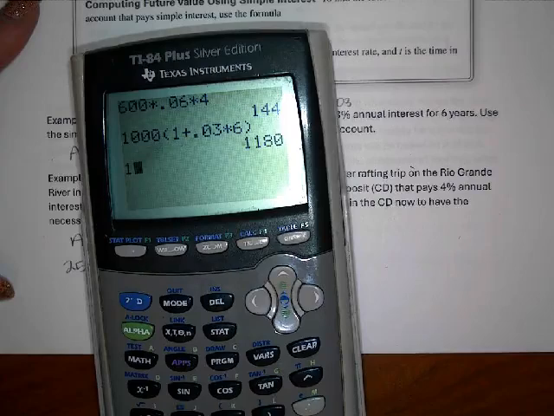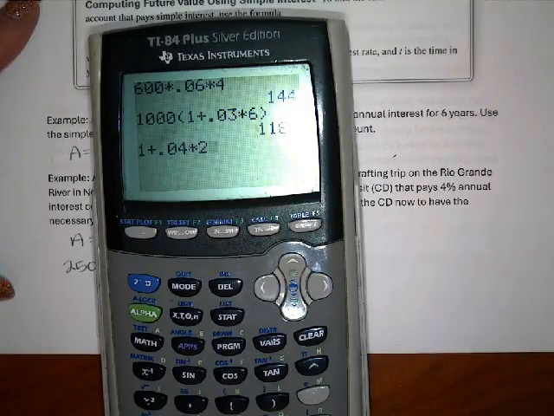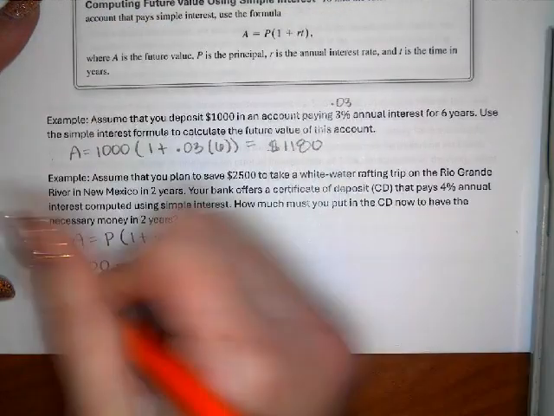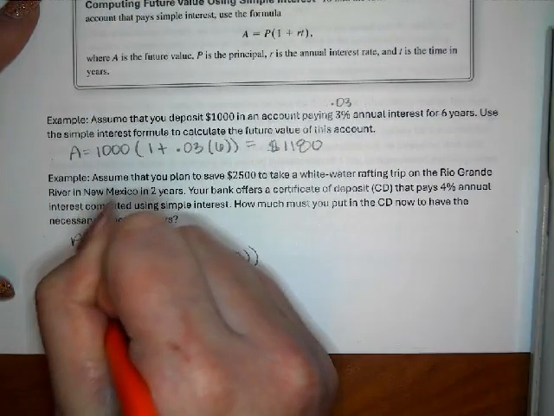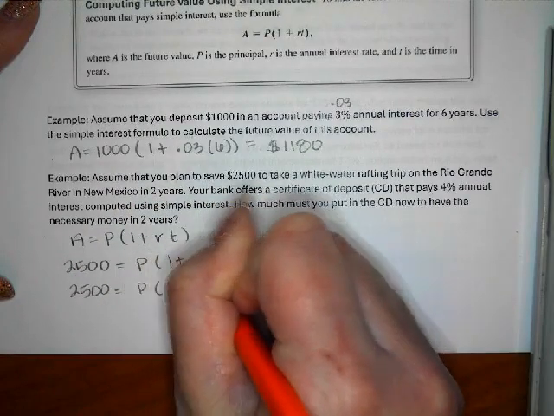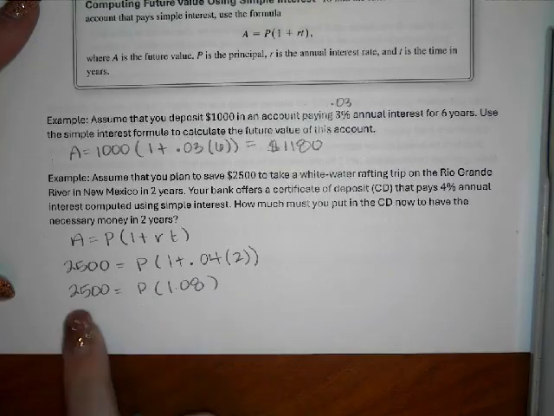With order of operations, please excuse my dear Aunt Sally. We remember that the P tells us to do things inside of parentheses first, so it's all right for us to plug all these in. 1.08. All right, so 2,500 equals P times 1.08. And now I'm going to go ahead and solve for the principal value by undoing this multiplication.